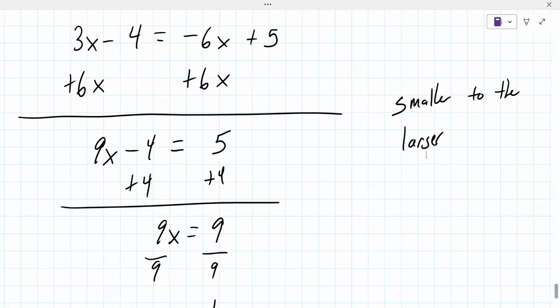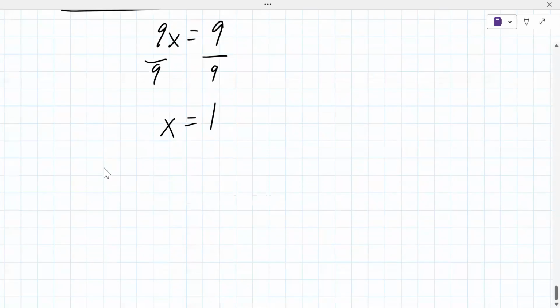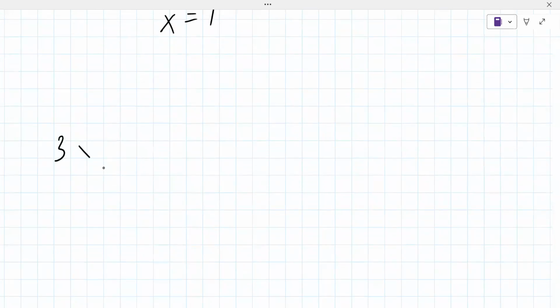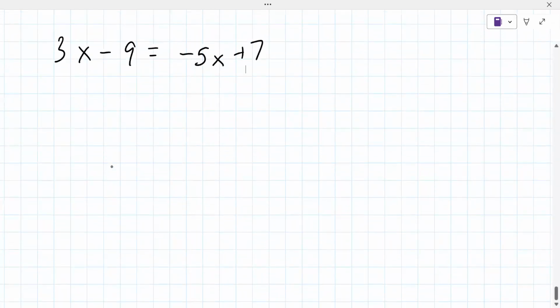Let me have you try a problem here to see if this makes sense. Okay, this one will do: 3x minus 9 equals minus 5x plus 7. So go ahead and give this a try, please.